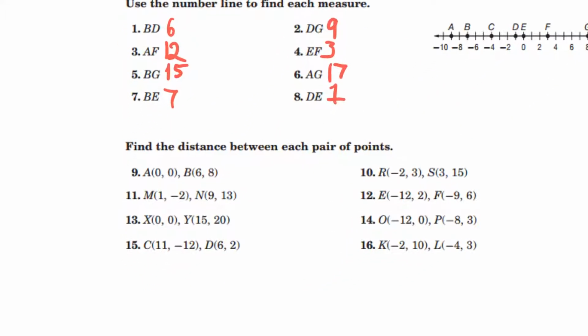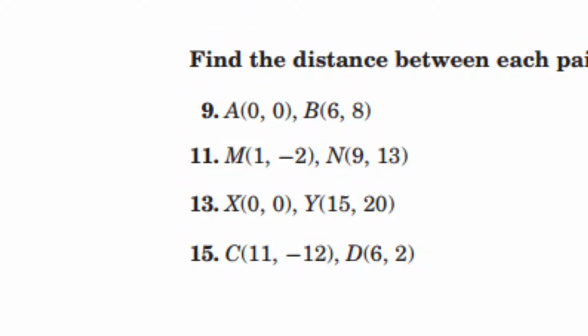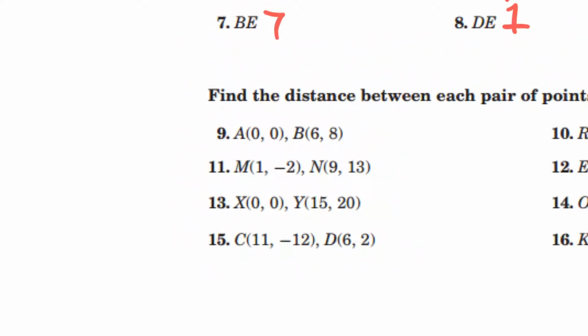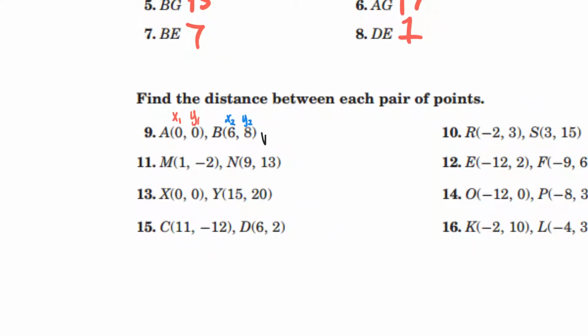Okay, then the last one is like the distance formula stuff we just talked about. So we're not going to do all these. Don't worry. We're just going to do a couple of them. So we're going to have x1, y1, and then x2, y2. So let's plug this into our formula.